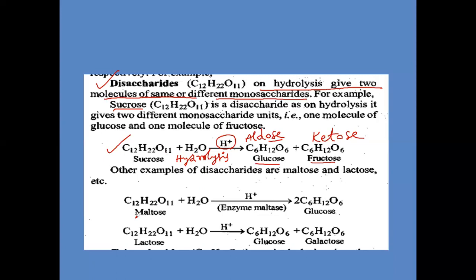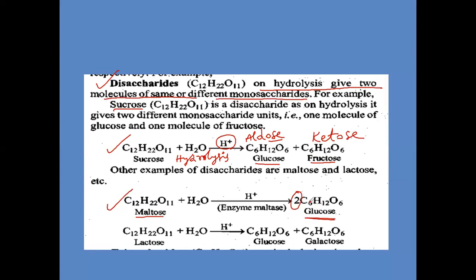Now if you take maltose, it also contains C12. C12 means how many saccharide units? 2 saccharide units, 2 sugar units will be present here. So this maltose on hydrolysis will again give 2 units. The 2 monosaccharide units are of the same type. Glucose only will be there. No fructose is produced here.